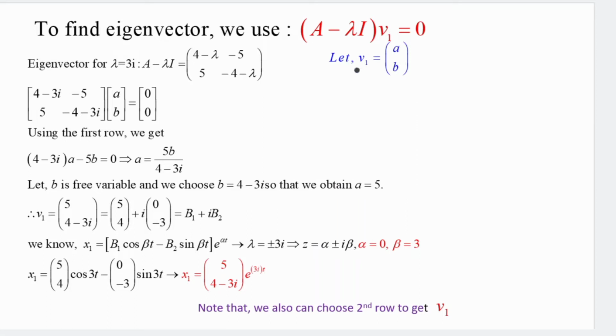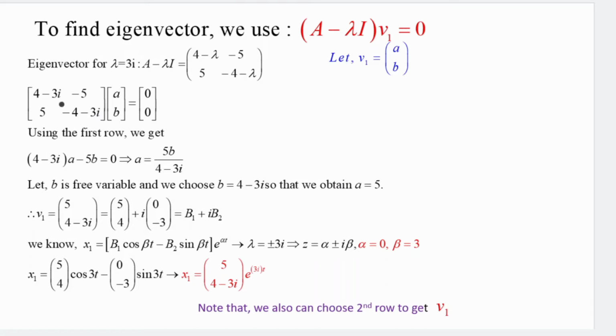So we consider here B1 equal to (a, b). Now we put A minus lambda I and B1 in this equation, but here we put lambda equal to 3i, so we get 4 minus 3i, minus 5, 5, and minus 4 minus 3i.